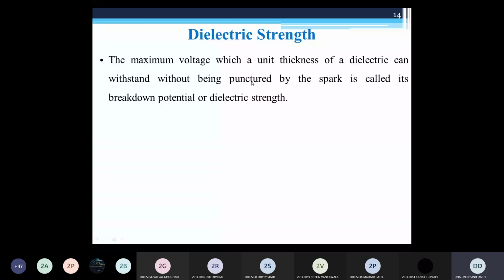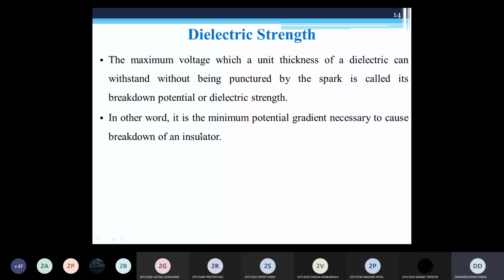It means just before it is punctured, how much voltage can it withstand? That is called the dielectric strength of that insulating material. In other words, it is the minimum potential gradient which is necessary to break down the insulating material. Minimum potential required to break down the insulating material.